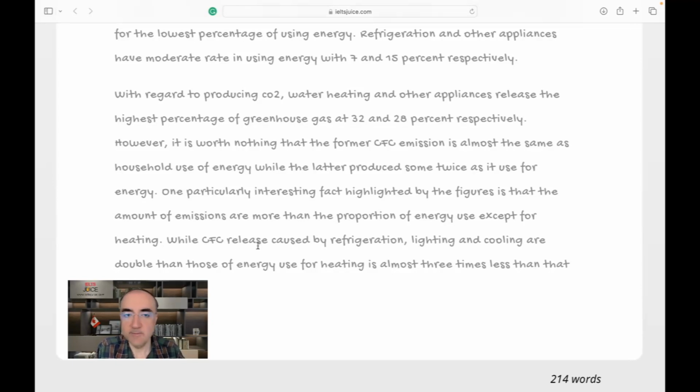While CFC release caused by refrigeration, lighting, and cooling are double that of energy use for heating, is almost 3 times than that. What is almost 3 times than that? Refrigeration, lighting, and cooling combined is twice their energy use.